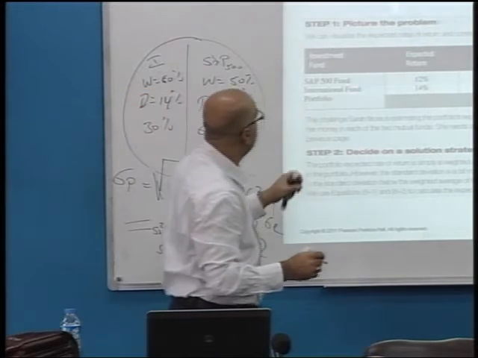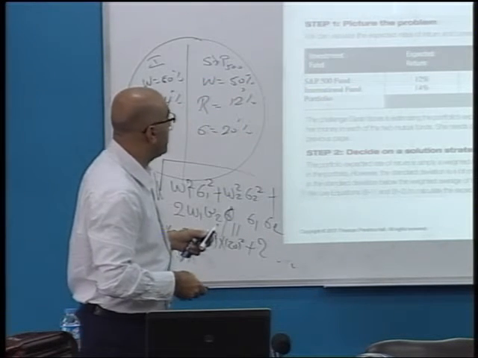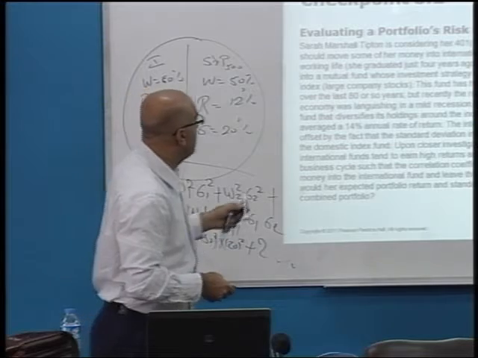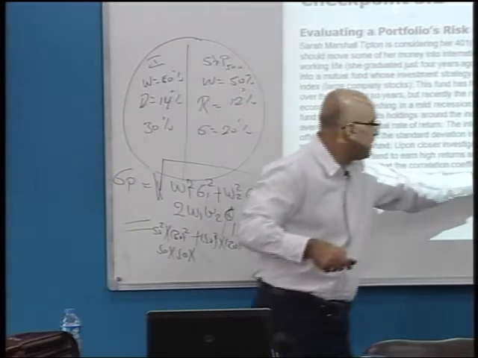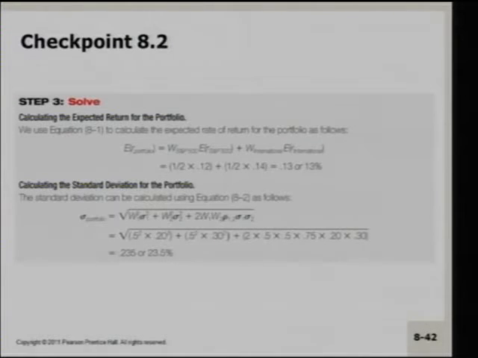What is the rho in this example? 0.75. Go back to the example here, and you will see the rho is 0.75. Then 0.75 times sigma 1, 30, times 20. Okay? So then the answer is 23.5%.